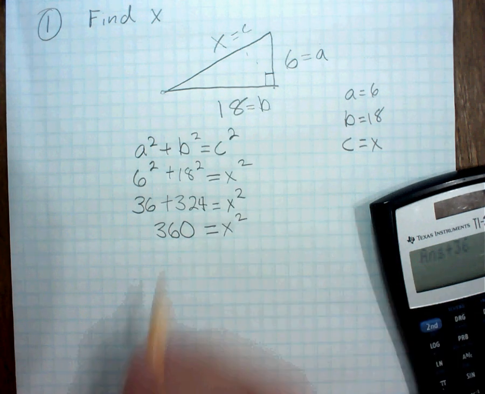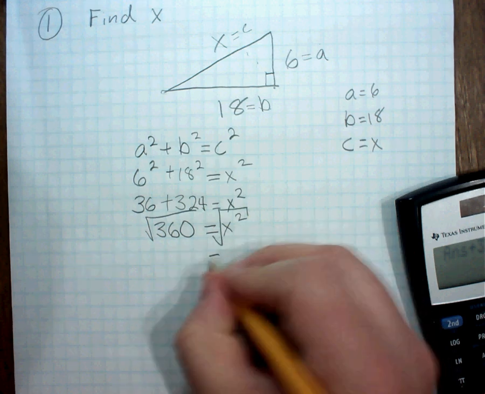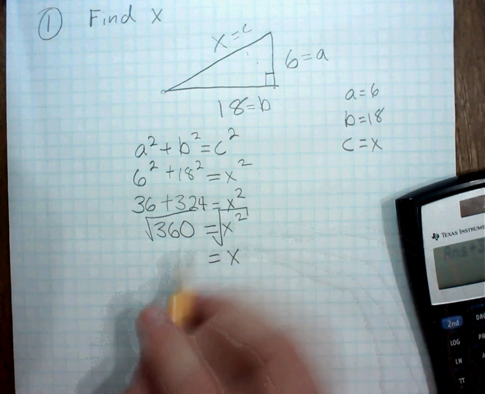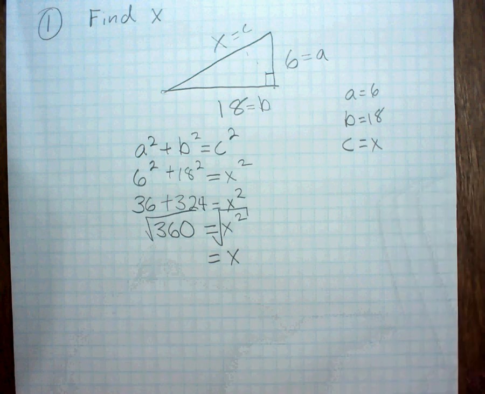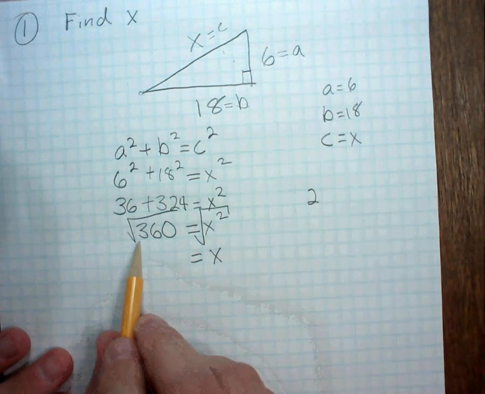Now from here, I'm going to need to take the square root of both sides to get X by itself. So over here I get X. Now for the square root of 360, I'm going to think of all the perfect squares. In other words, I need to simplify this radical.